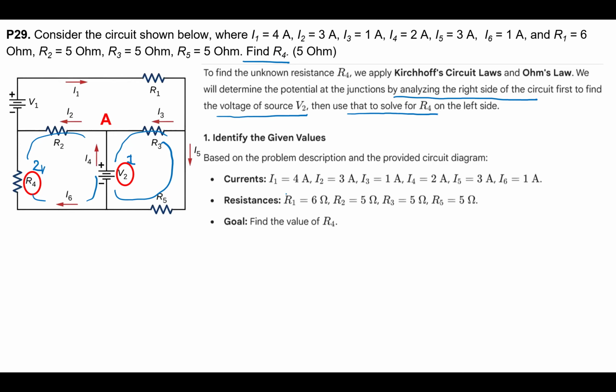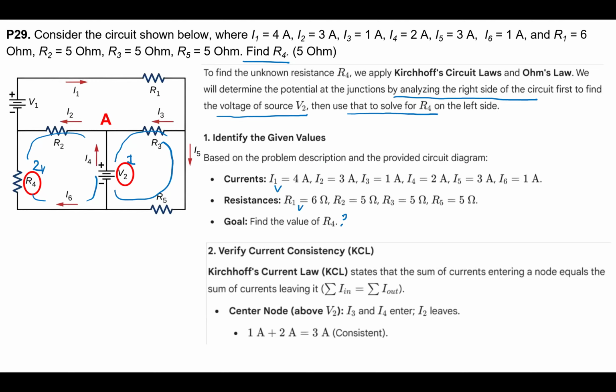So now we know the current, we know the resistance, and the goal is to find out what alpha is. And then Kirchhoff's current law: at the junction, incoming current should be the same as outgoing current.